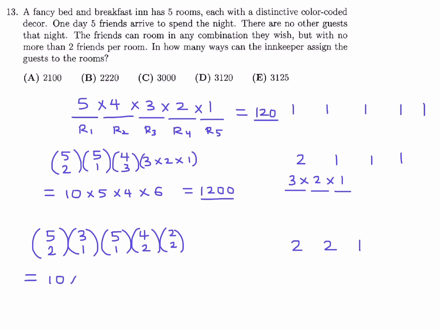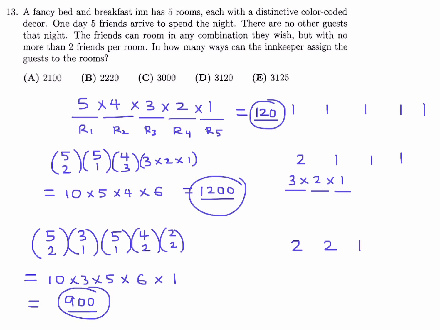This is 10, this is 3, this is 5, 4 choose 2 is 6, and 2 choose 2 is 1. So 10 times 3 times 5 times 6 is 900. So now we add up this, and this, and when you do, you get a total of 2220. And therefore, number 13, the answer is B.